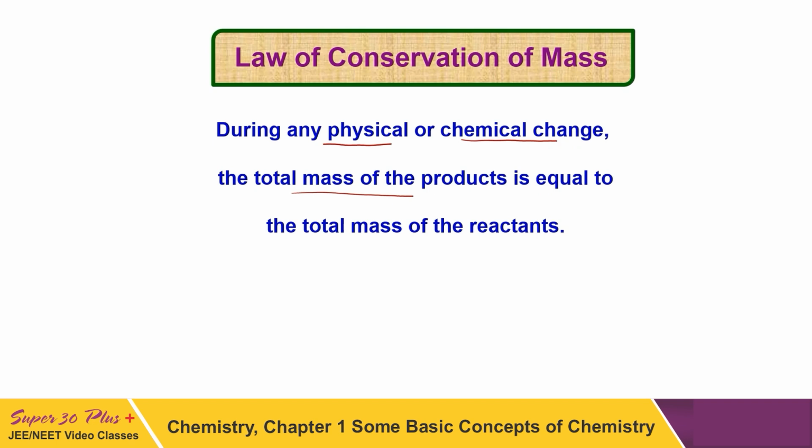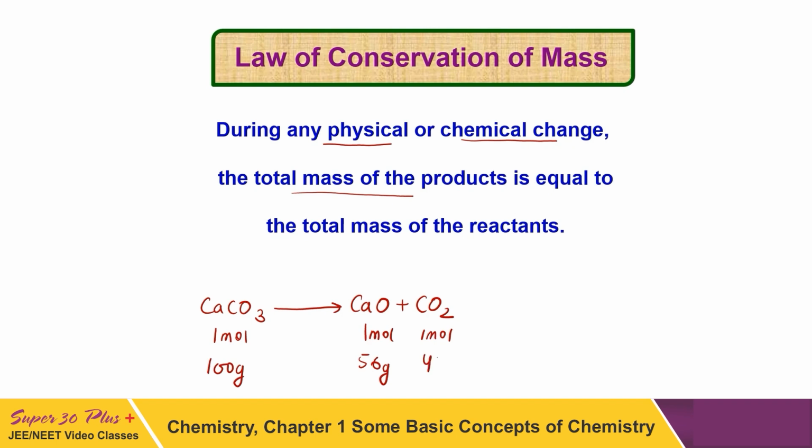In any chemical reaction, for example, calcium carbonate gives CaO plus CO2. If 1 mole of this reacts, it will definitely give 1 mole of this and 1 mole of this. What is the mass? 1 mole of calcium carbonate is 100 gram, 1 mole of CaO is 56 gram and 1 mole of CO2 is 44 gram.